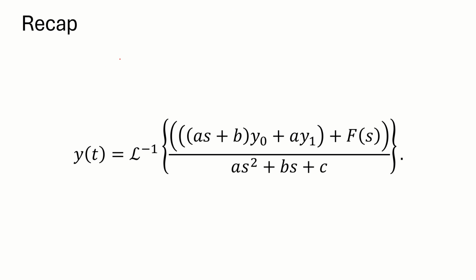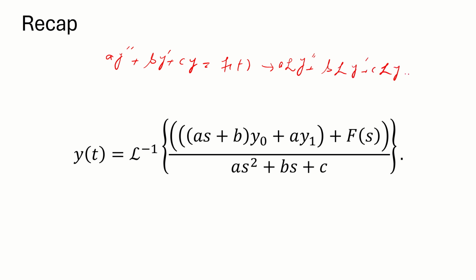So we applied Laplace transform on both sides. We got a Laplace of y double dash plus b times Laplace of y dash plus c times Laplace of y is Laplace of f of t, which was F of s.